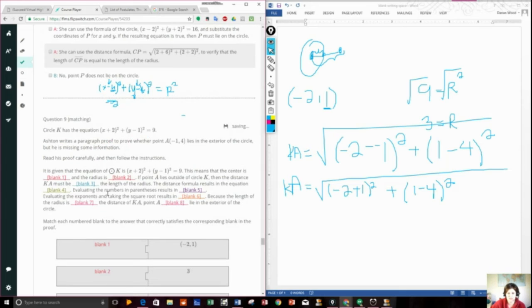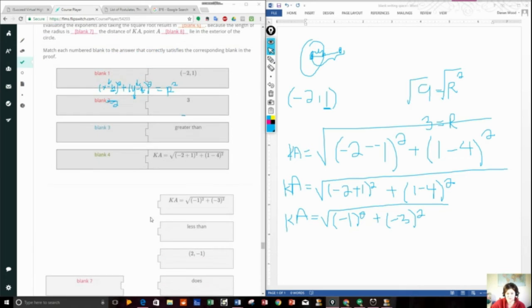And it says evaluating the numbers in parentheses results in, okay, so evaluate the numbers in the parentheses. So KA is going to equal the square root of (−2 + 1), which is −1, squared, plus (1 − 4), which is −3, squared.